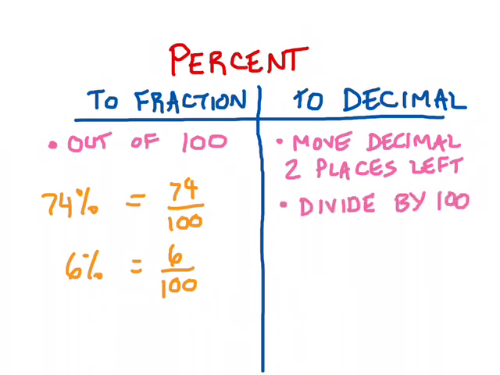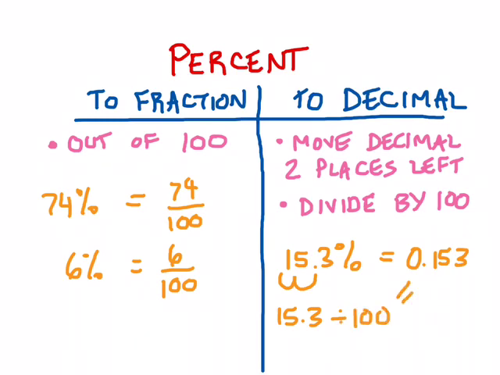So as an example, 15 and 0.3% could be made a decimal simply by moving the decimal 2 places to the left, making it 0 and 153 thousandths. Again, that is the exact same thing as taking 15 and 3/10 and dividing it by 100. You end up with the exact same answer.